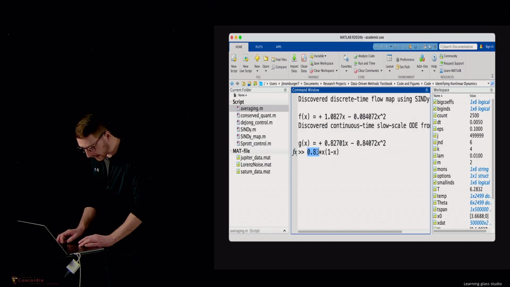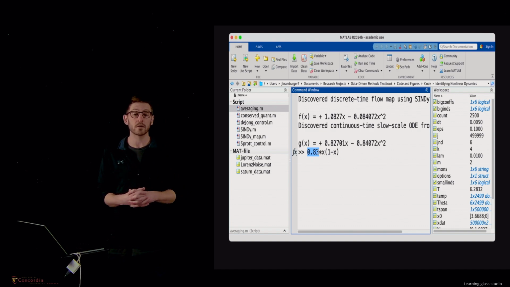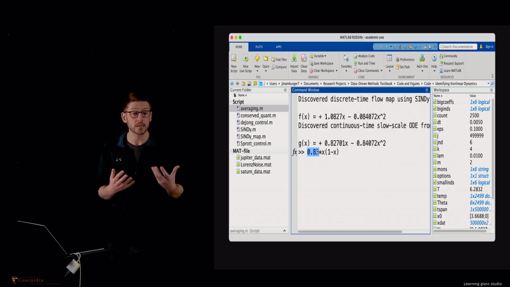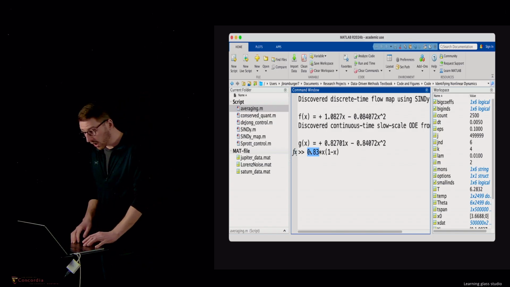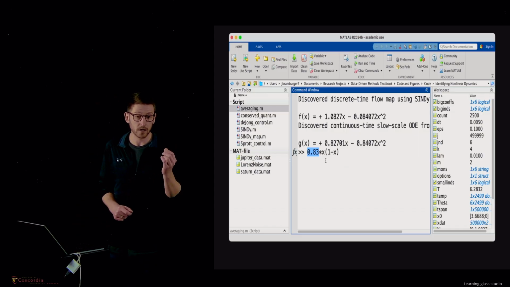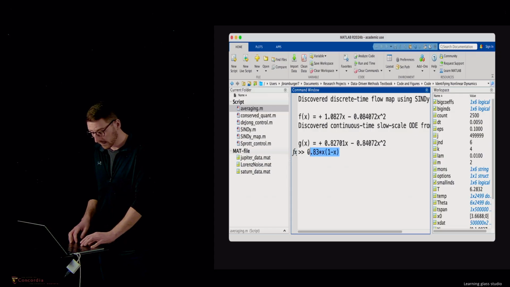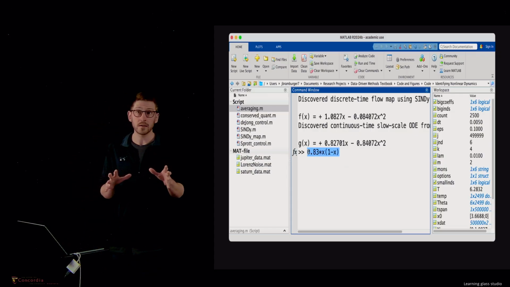So this guy right here is not the 1 that it should have been. Why? Well, that's because there are higher order corrections in epsilon, right? This is off by about a factor of epsilon. Epsilon was about 0.1. This is off by the order of epsilon. And that should make sense, right?